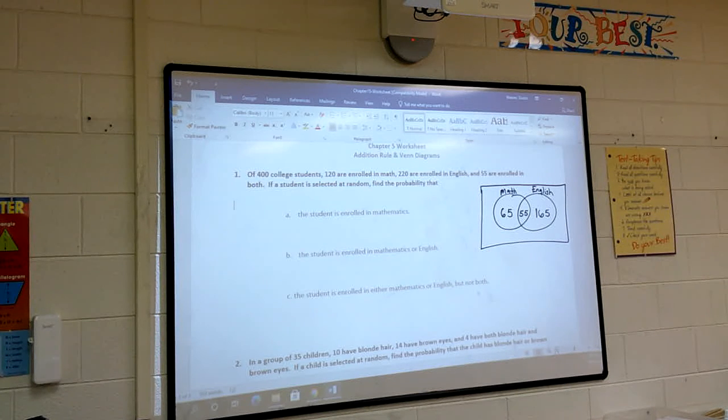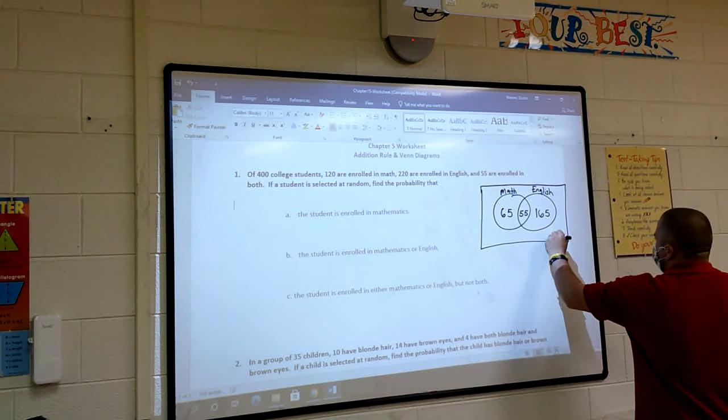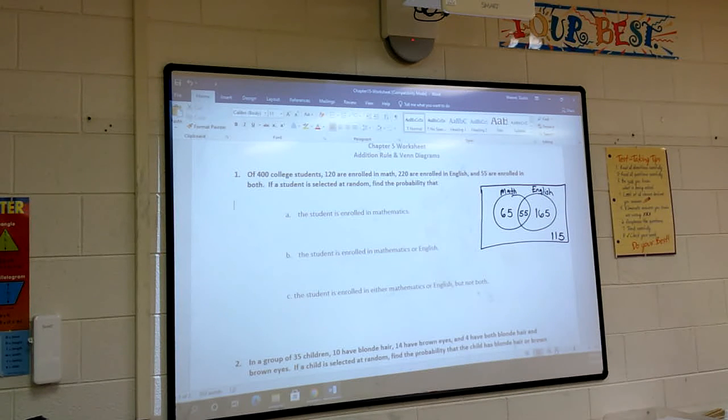Okay? And I know from the problem that there are 400 college students. So 285 of them are in the Venn diagram, and there's 400. So I want to subtract that from 400, and that gives me 115. And that's what you'll write in the bottom right corner. You'll write the amount that's left.